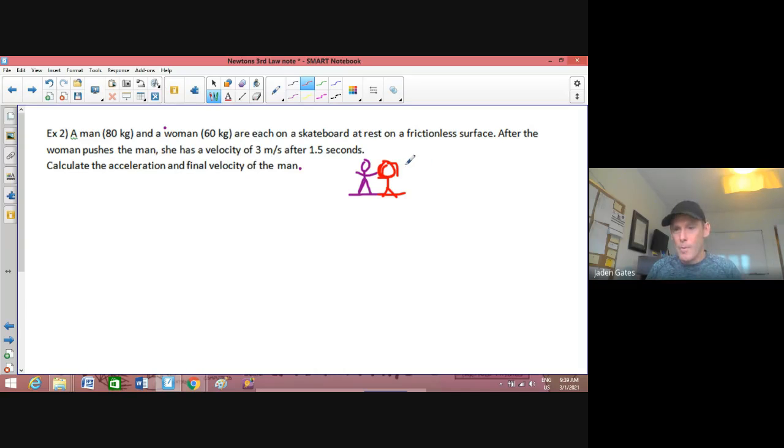Now, the woman moves to the right. She pushes off of him. But because she pushes him, he moves to the left. But again, because she pushes him to the left, which I'm going to call negative direction here, he, in turn, not even trying, exerts a force back on her, which is equal in magnitude, but again, opposite in direction.